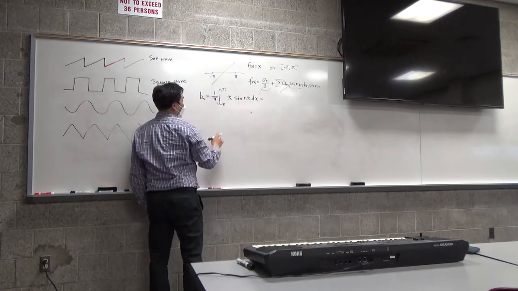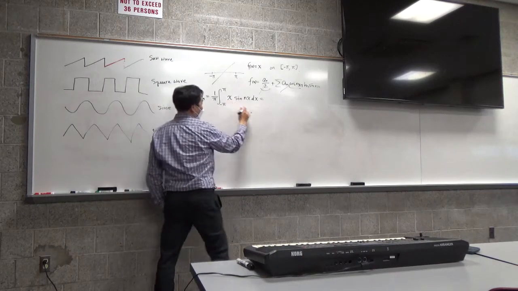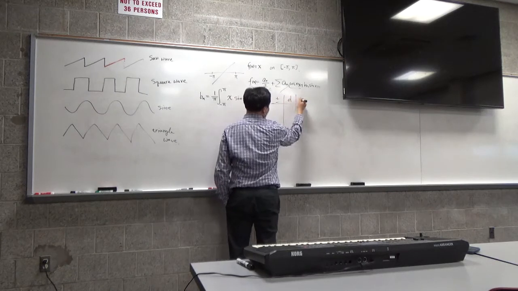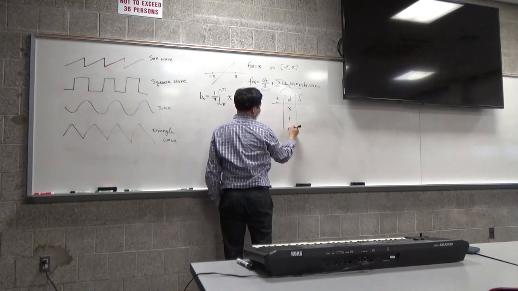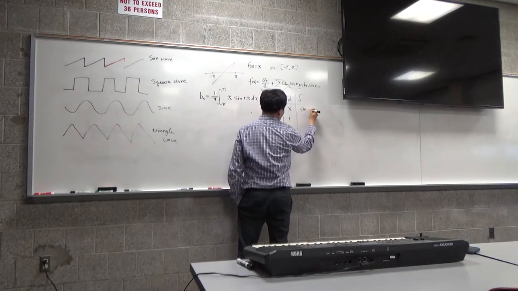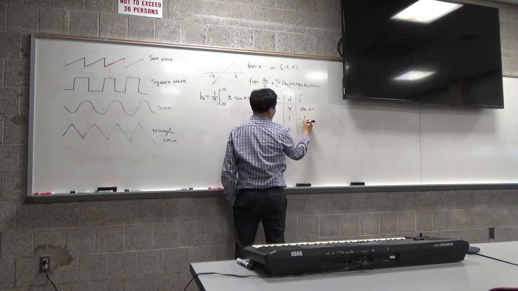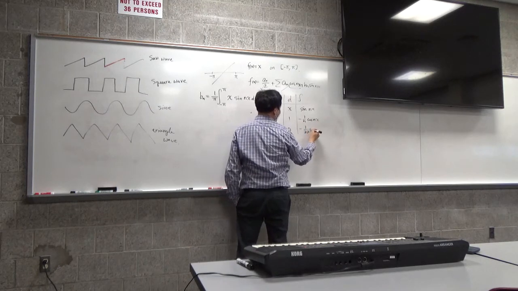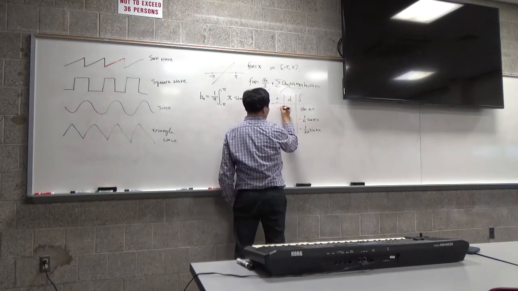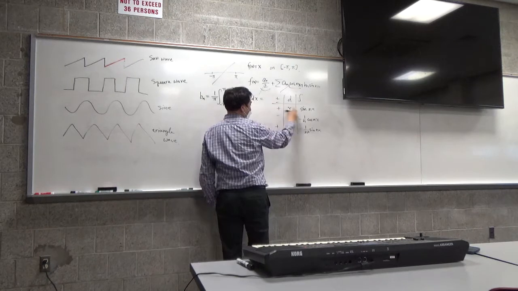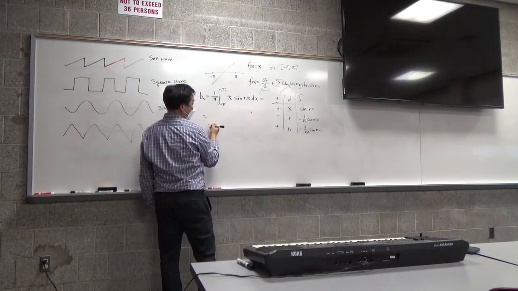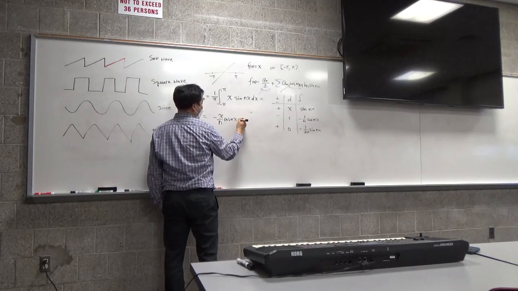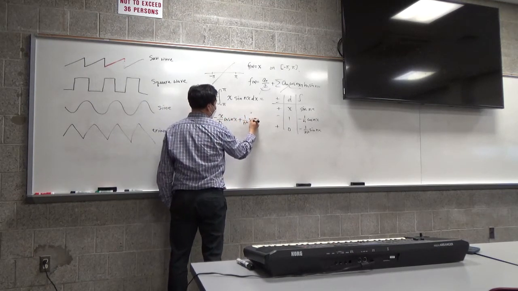And then when you integrate this using the tabular method, with signs plus, minus, plus: x, 1, 0; sine nx integrates to negative 1 over n cosine nx, which integrates to negative 1 over n squared sine nx. And when you multiply, you get negative x over n cosine nx plus 1 over n squared sine nx.